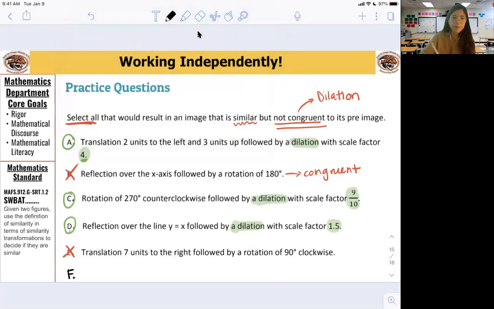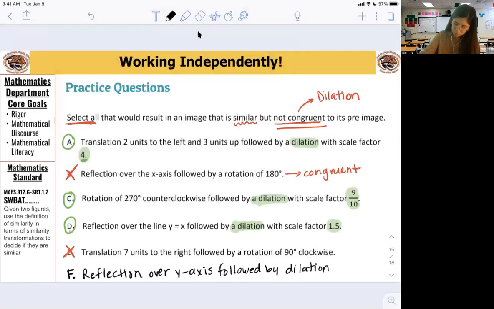Now, I'm going to add one to the list really quickly. I'll put an F. What if it was a dilation with the scale factor equal to 1? Would that be in or out?